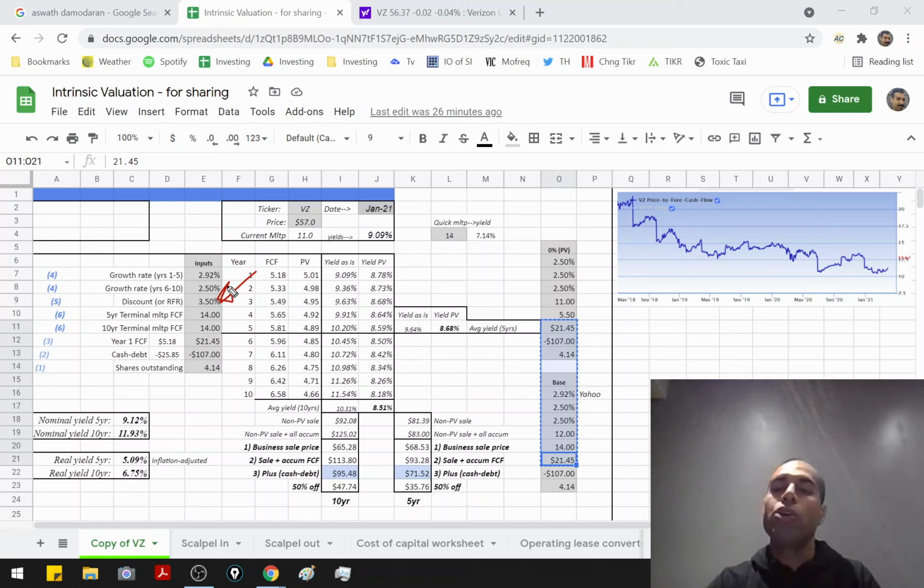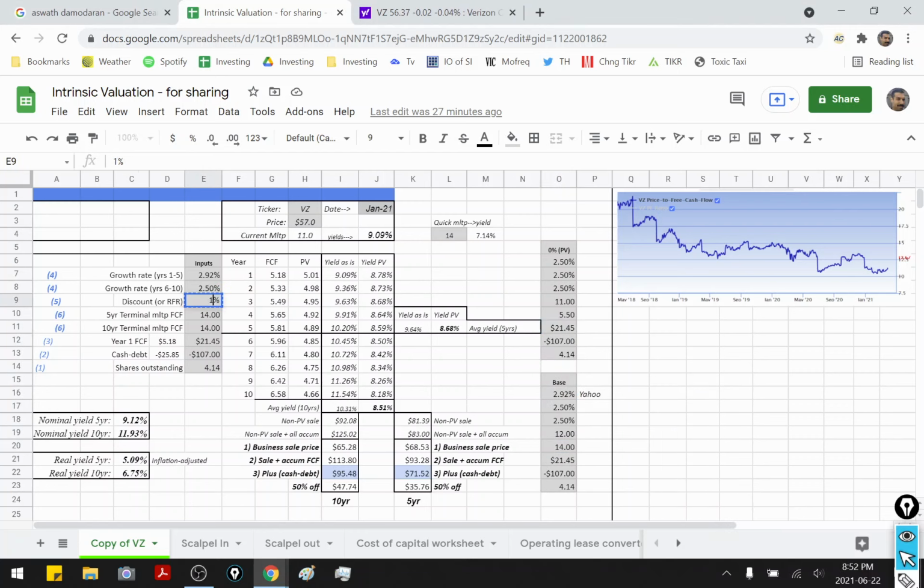I like that method. You can put a much larger number, and the idea is you can put the return you want. So for example, if you want a 10% yield, you're going to put a 10% number in there, and that will affect your sheet. So for example, you put 10 here, as you could see, it causes the price to go down that you should get the stock at. So that's one way of going about it.